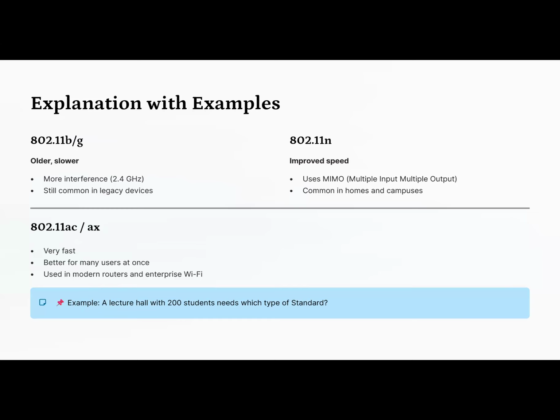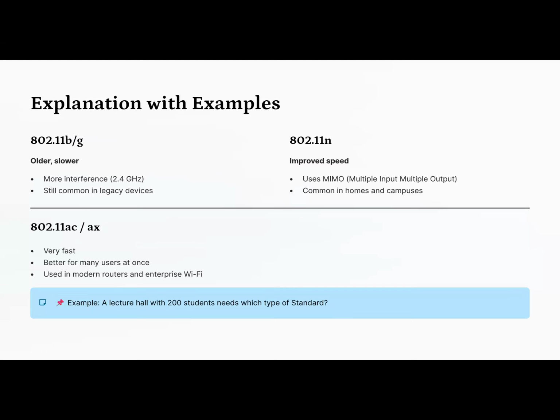Leonard says AC and AX. Any other? All right, Gertrude also says AC and AX. That's in actual fact, yes. Why? Mainly because when you use the B's and the G's in such an environment, the network will be very slow.